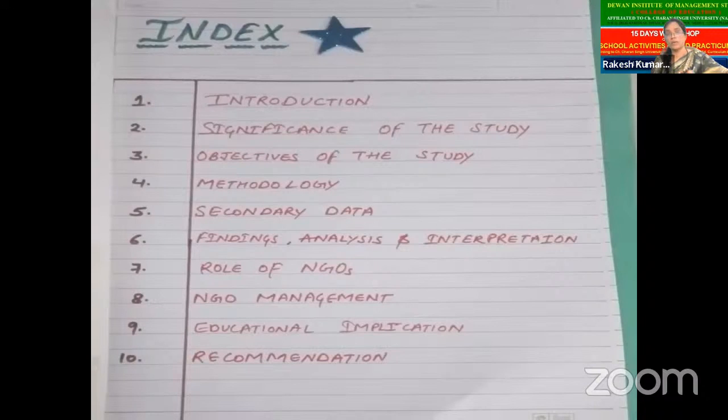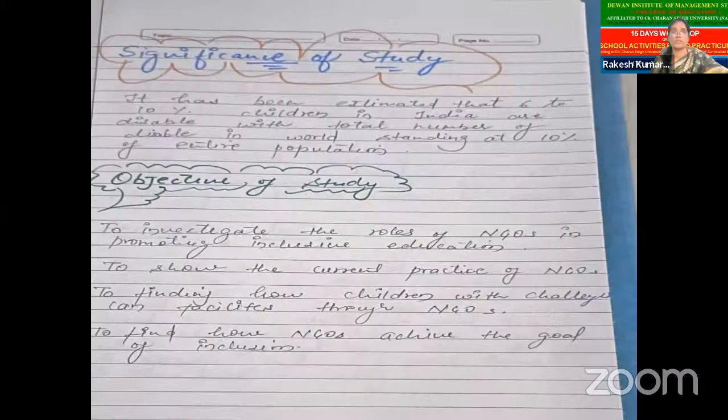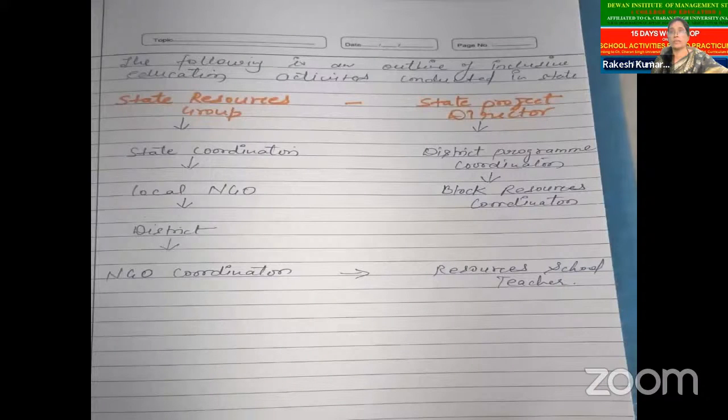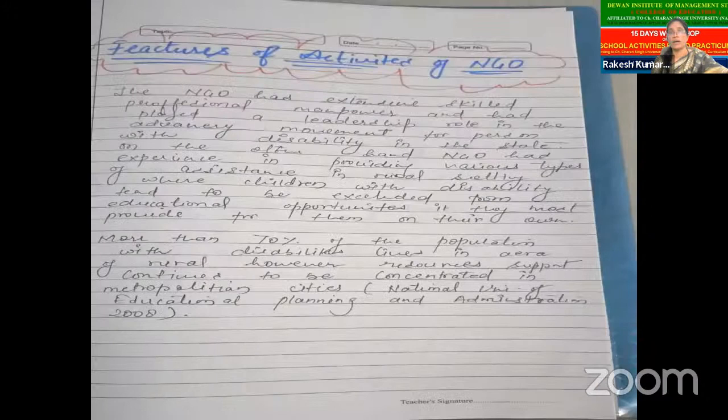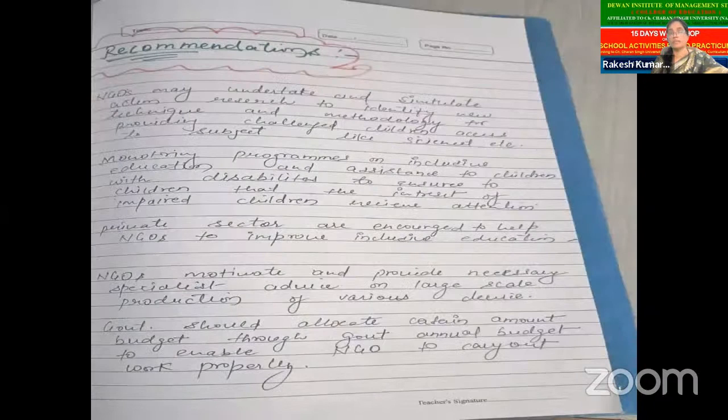After that, what is the role of NGO, management of NGO. So you can write all this: significance of the study, objectives of the study, methodology, secondary data, role played by the NGO, and features of activities of NGO management, and the last one is recommendations.